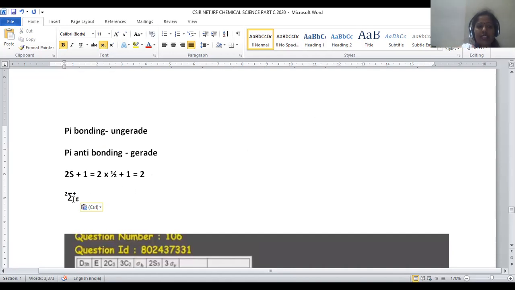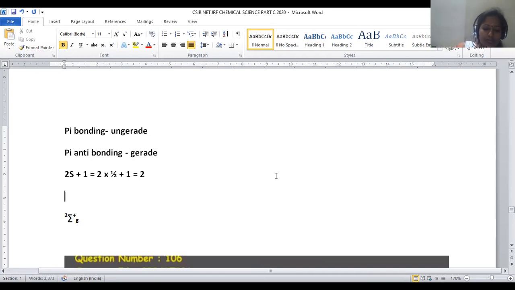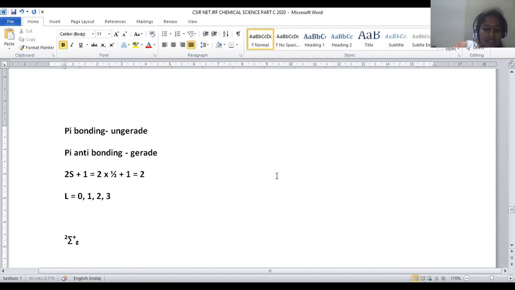That's the reason why the sigma symbol is denoted. Here the L values 0, 1, 2, 3 are given for atoms. For atoms, the term symbol is given as: if we have 0, then the term symbol is given as S orbital.